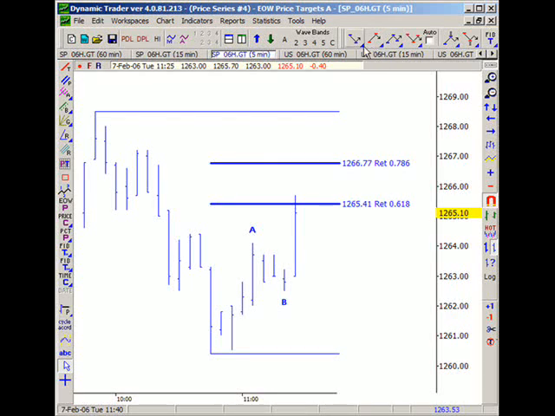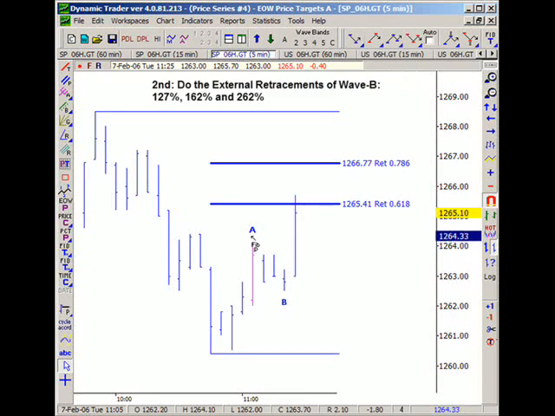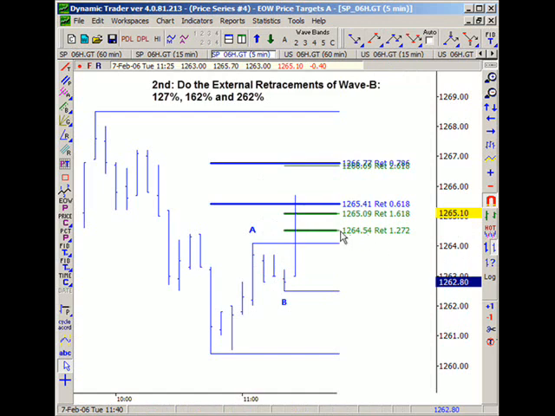Let's do our external retracements of this section B. And we can see that it's already well above the 127, but the 162% external retracement of B is right around where the 62% retracement is. And the 262 external retracement is almost overlapping with the 78.6% retracement.